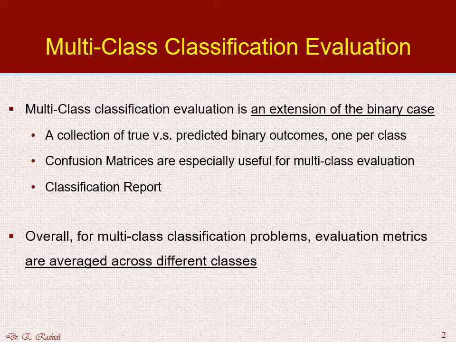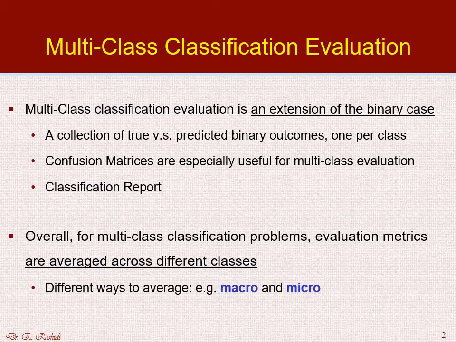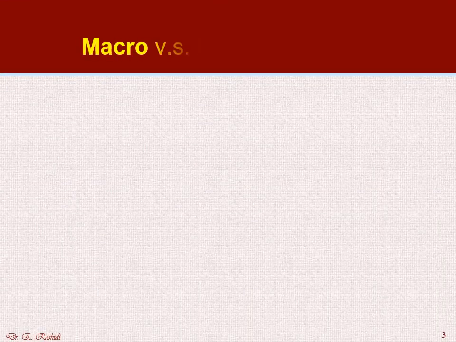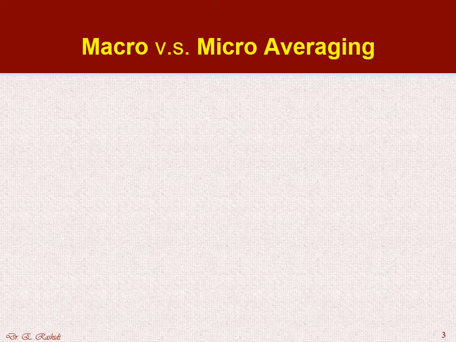Overall, for a multi-class classification problem, the evaluation metrics are just an averaging across different classes, but we can actually have different ways to find that average. There are the macro averaging approach and the micro averaging approach. So let's see how macro averaging and micro averaging work for multi-class classification.